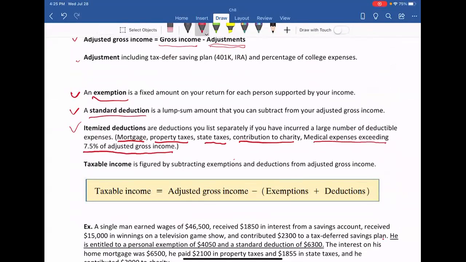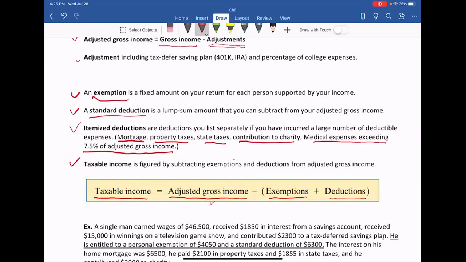So let's move on to the next definition, taxable income. Taxable income is figured by subtracting exemptions and deductions from adjusted gross income. So taxable income is equal to adjusted gross income subtract the sum of exemptions and deductions.